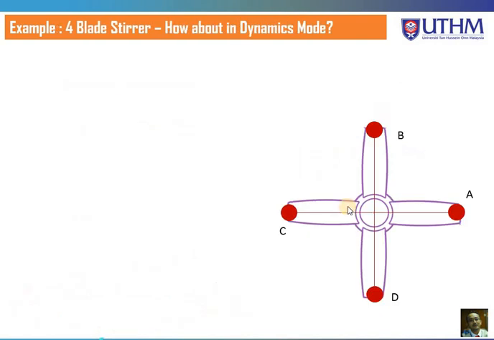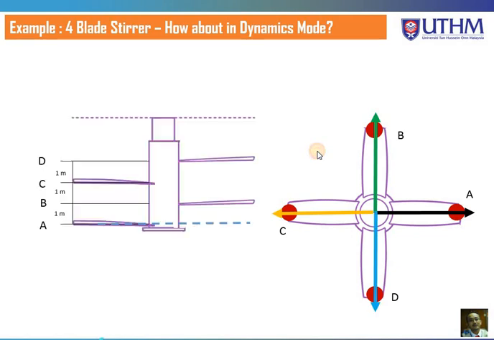So what about the same four blade, whether it is in dynamic balance mode, considering that the blades are located at different planes? Just now it was in a single plane, but now the blades A, B, C and D are located at different planes.